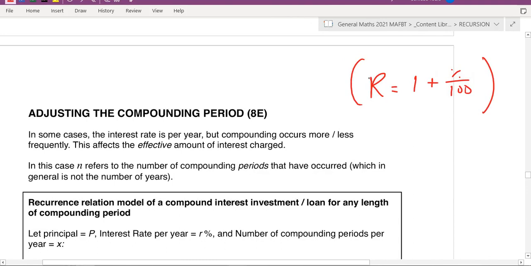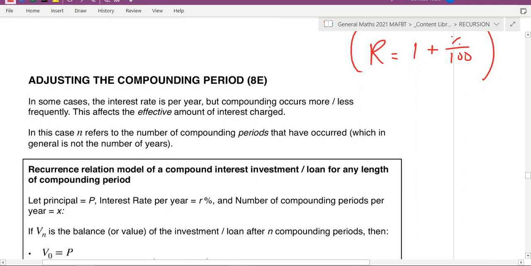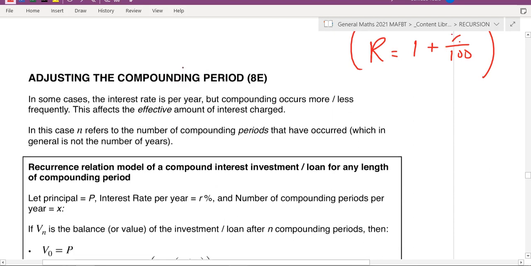Last lesson I mentioned the words weekly, fortnightly, daily, quarterly. Those words now come into play, because this is when the interest is compounded more than once a year. Sometimes it'll be twice, quarterly, or daily, or weekly.